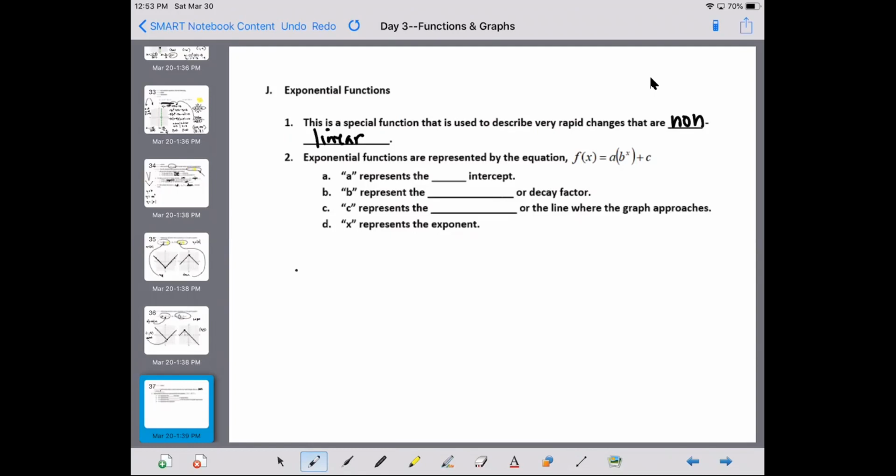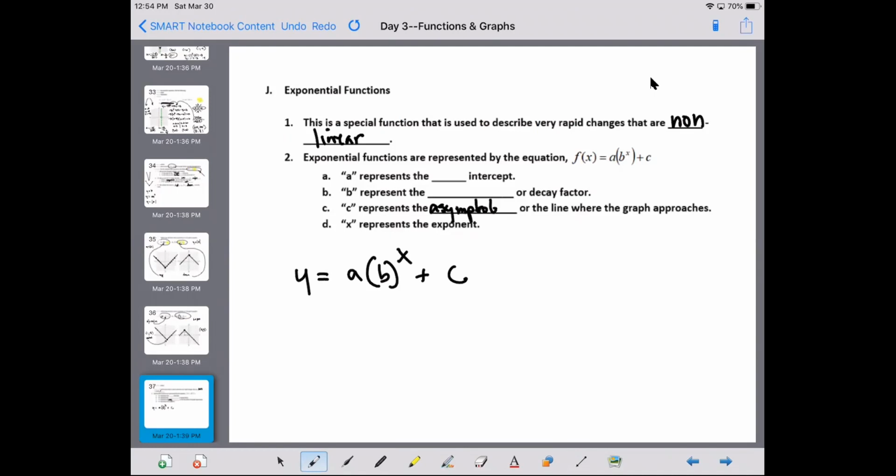Here is your a times b to the x. That's your general parent function for your exponential. When we add a c value to it, the c value is going to represent what we call an asymptote.